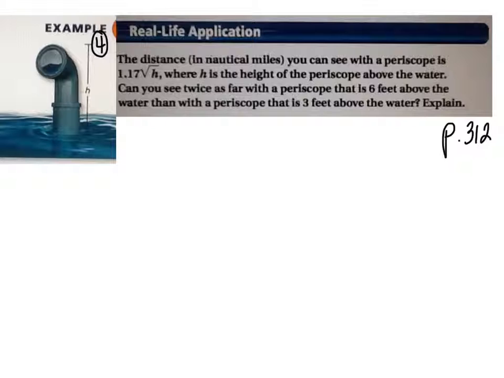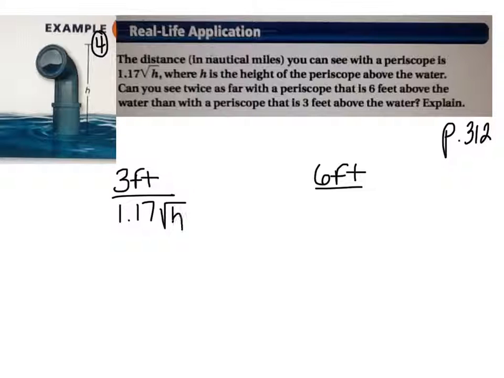So we have two things to compare. We have 3 feet above the water, and we have 6 feet above the water. Whenever you have things you have to prove or explain, stay organized. So I always make a little chart or a table. So we know that it's 1.17 times the square root of h.